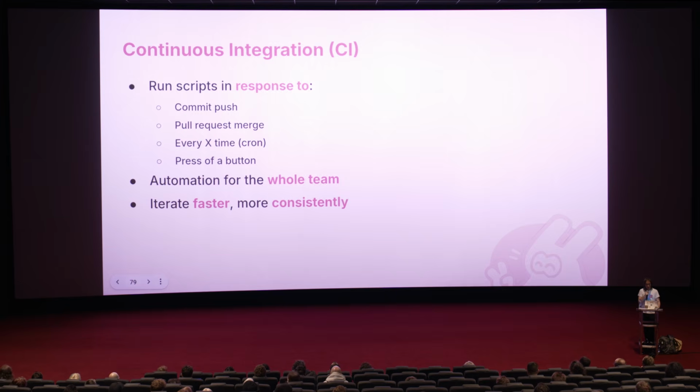And a continuous integration environment is basically a tool to allow that. It allows you to run scripts in response to, whenever you push a commit, or when you merge a pull request, or every X amount of time with a cron job, or maybe even with the press of a button. And what this does is that it puts automation within reach of the whole team, and that allows everyone to iterate faster and more consistently, right?